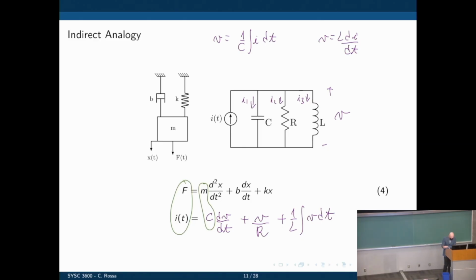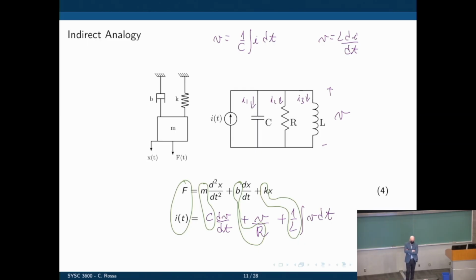We're also saying that B is equivalent to 1 over R, and K is equivalent to 1 over L. We could see that because K in the spring could store energy in the form of potential energy as well, and that is associated with the energy stored in the inductor as 1 over L. But what else are we saying here?